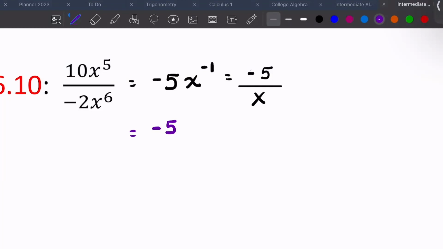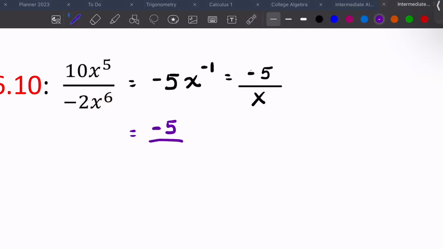Okay, now I'm going to say 6 minus 5, and I'm going to put the x and the exponent wherever the bigger number is. So 6 minus 5 is 1, but I'm going to put it in the denominator because that's where I started from.